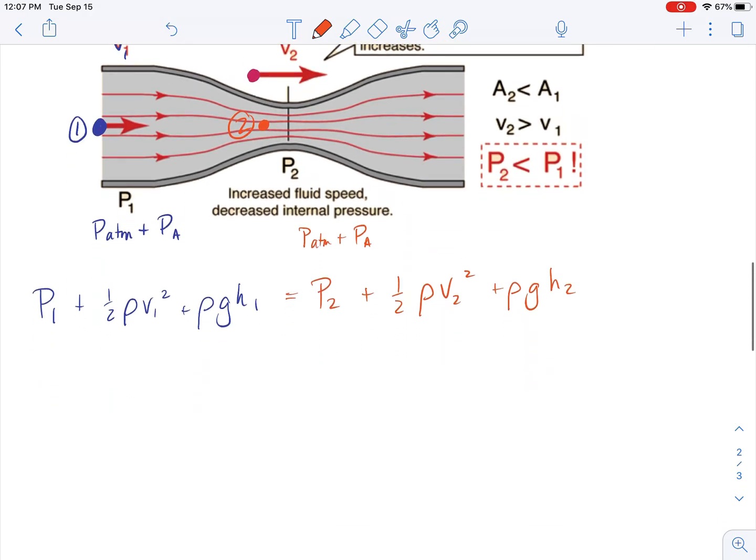So we can use this to solve all kinds of questions. And let's try an example right now. Let's do one with a change in height.